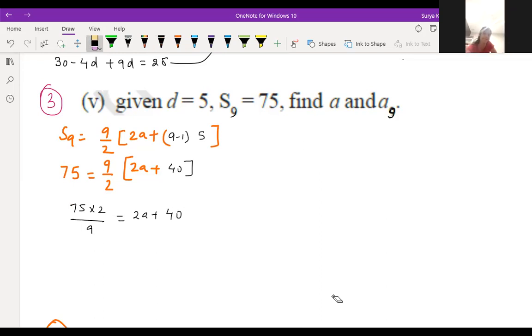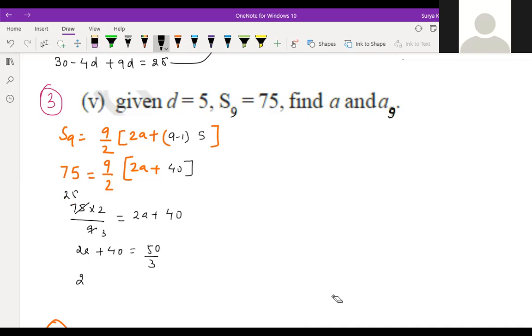Got it, sir. So 3 threes are 9 and 25 twos are 50, so 50 by 3. So 2a plus 40 is equal to 50 by 3. Now 2a is equal to 50 by 3 minus 40. Then we can write it as 2a is equal to 50 minus 120 by 3.